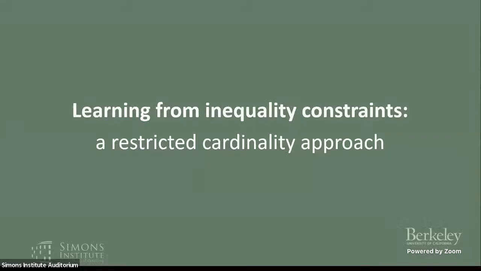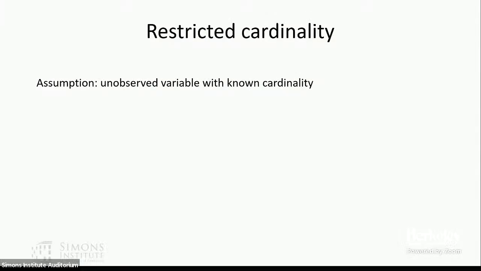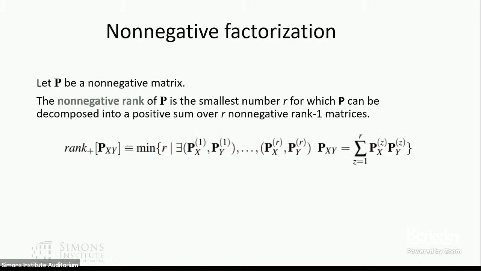So now I will still be talking about inequality constraints, but I want to focus on this particular case of restricted cardinality, where we have an unobserved variable, but we know its cardinality. And in order to present one more result, I need to introduce one more definition: if P is a non-negative matrix, the non-negative rank of P is the smallest number R such that P can be decomposed like this.